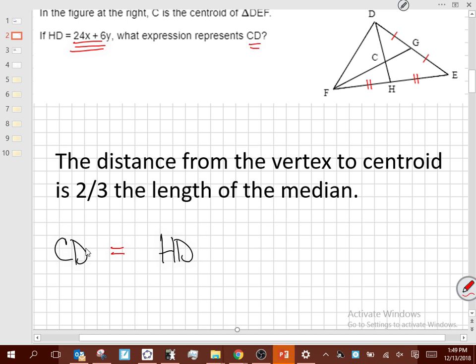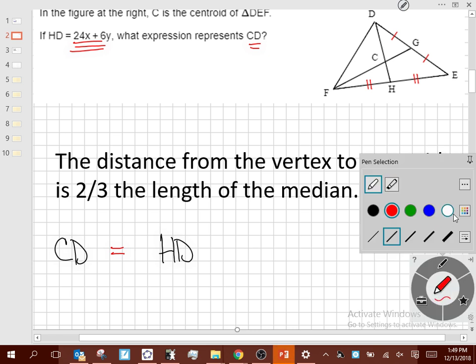Well, let's link CD and HD first. This is very similar to the examples we did in class yesterday. I don't need this segment anymore, right? Okay. But I do need CD and HD. So CD is that blue distance, right? HD is that red distance.